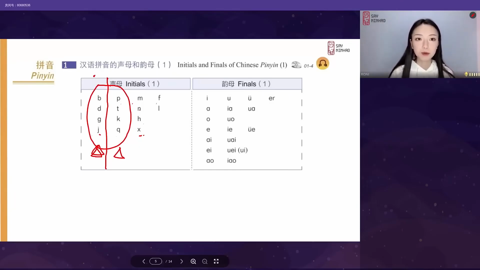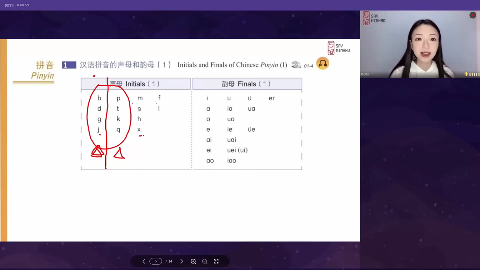And for bo and po, please pay attention to the lips. The shape of our lips is the same. The only difference is the air coming out of your mouth. So, bo, softer air, po, stronger air.